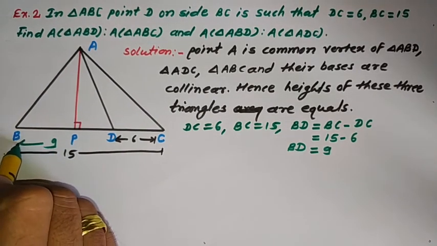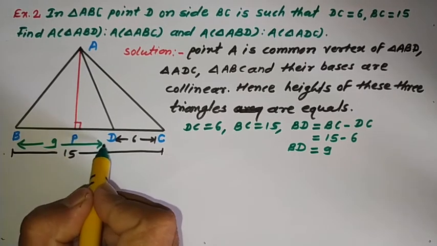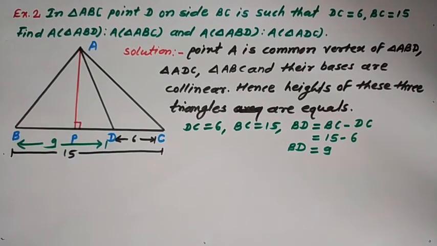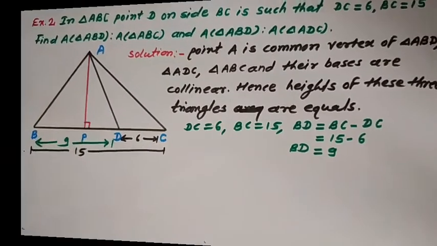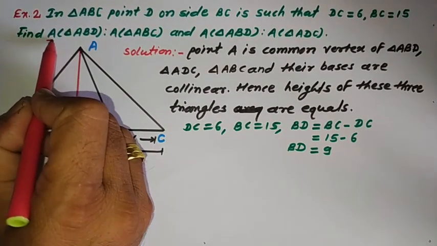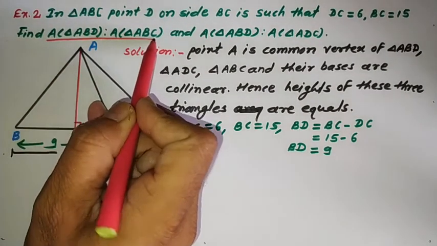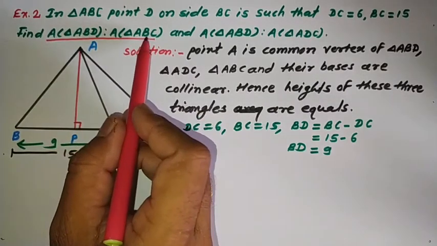Now we have all the bases. Find first the area of triangle ABD upon the area of triangle ABC.